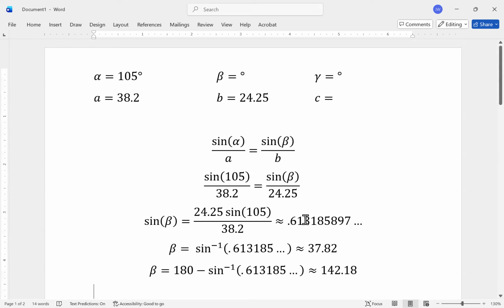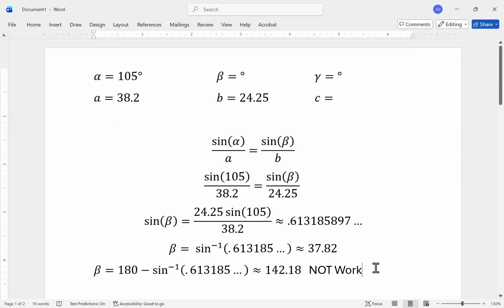In my case, it turns out that this second option does not work, because if you think about the angles of a triangle, if I were to put 142.18 as one of the angles of a triangle, along with the angle of 105, those two already add up to more than 180. Therefore, that 142.18 is not going to work as a legitimate angle.